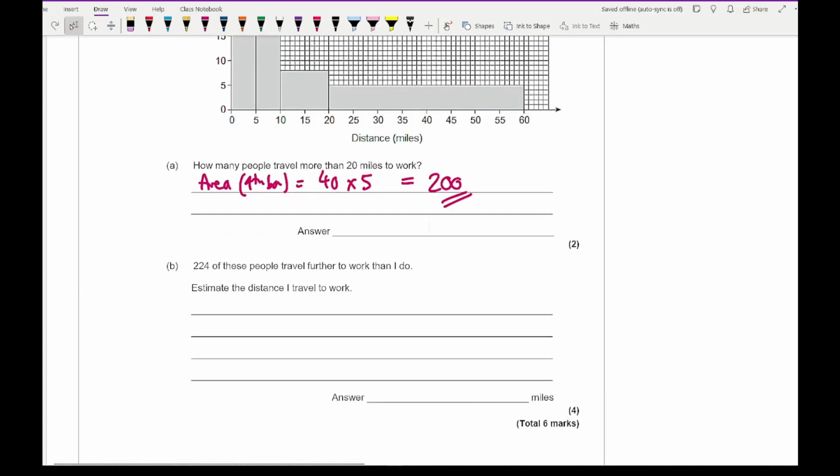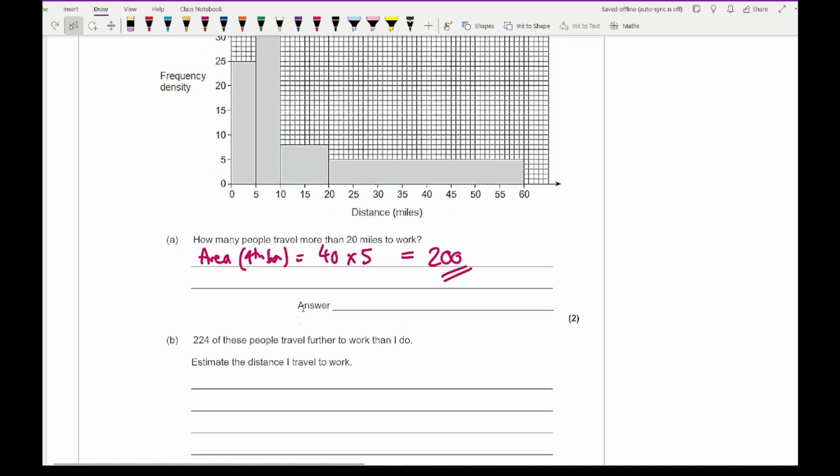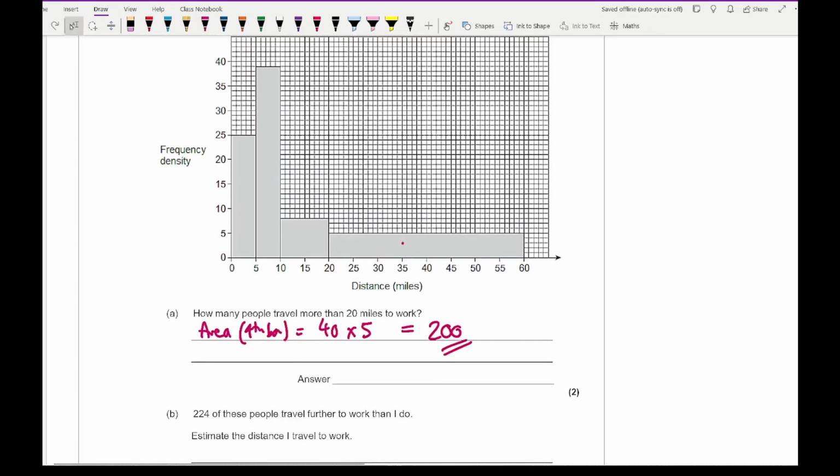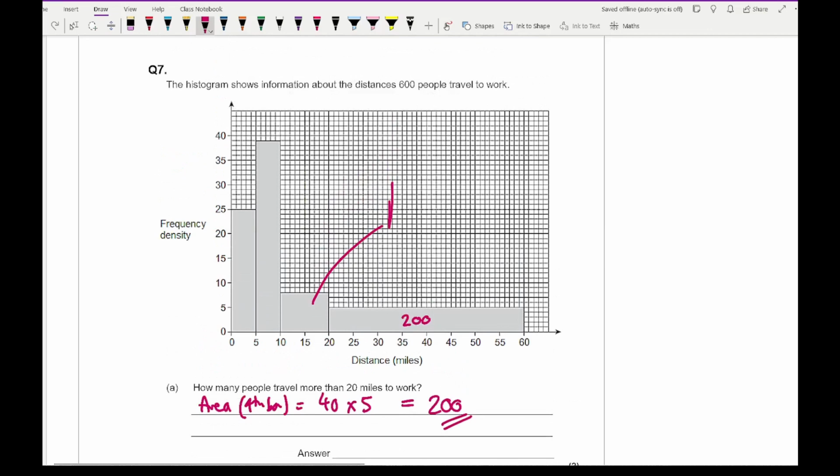It then says for B, 224 of these people travel further to work than I do. Estimate the distance I travel to work. Well, we know that there's 200 people here. And so what I'm wanting to know is where the 24th person falls in this little box. If I just draw a bar again, I know that the area of that is 24.